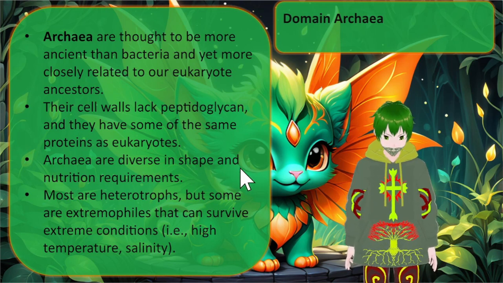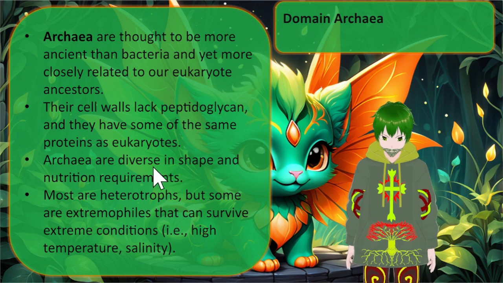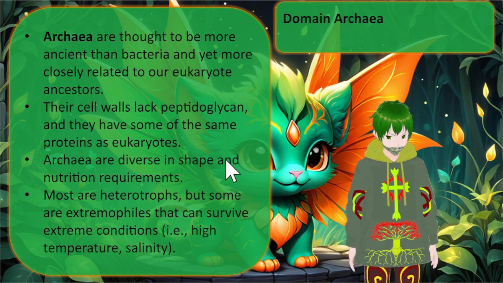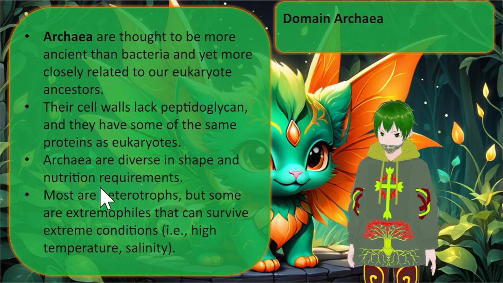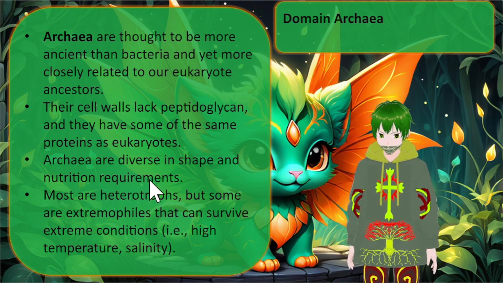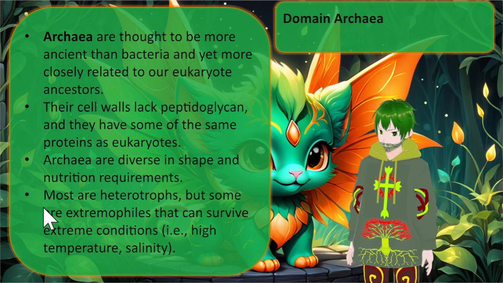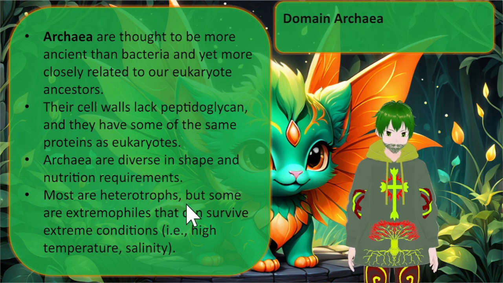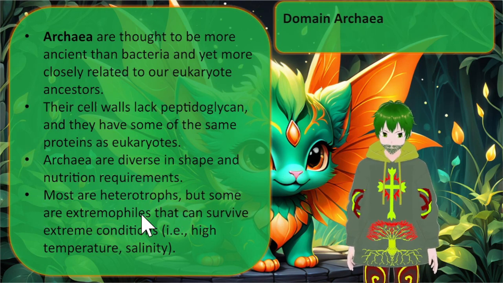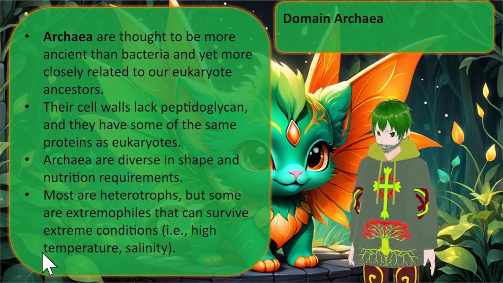Archaea are diverse in shape and nutrition requirements, as well as their habitats. Most are heterotrophs, but some can do autotrophic chemosynthesis.